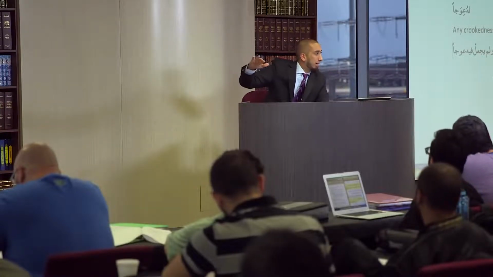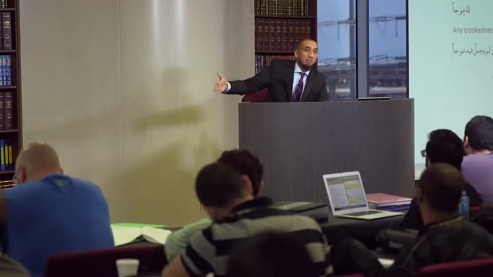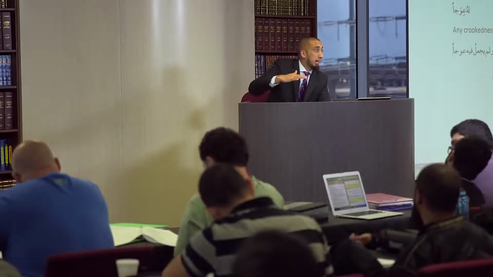Wait, why fi? Was the earth always like that? No, originally it had bumps and ditches, and then eventually this lack of iwaj was there. So when the denial of iwaj is not permanent, then fi. When the denial of iwaj is permanent, then lam.